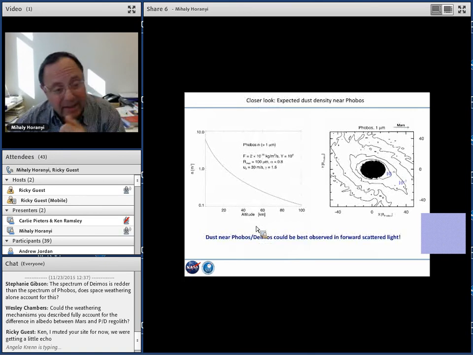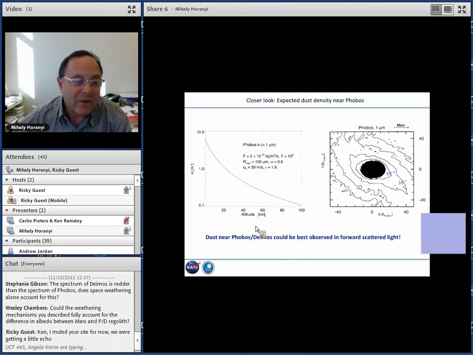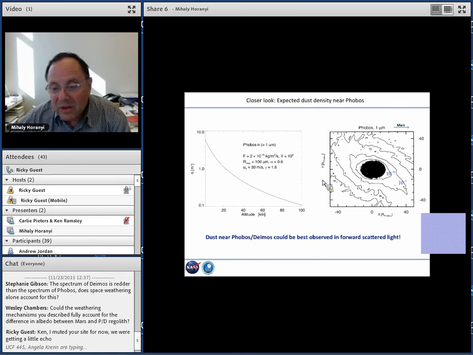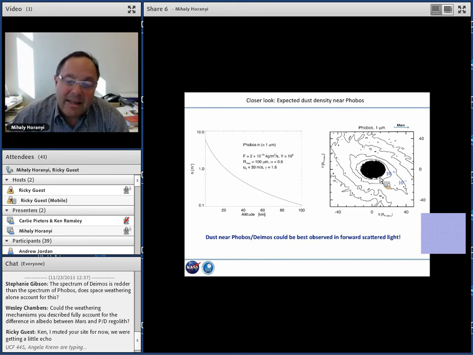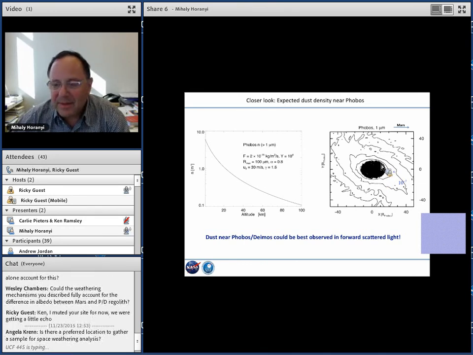This is the prediction for the Phobos density as a function of height, altitude versus density in units of particle number per cubic meter. If you were able to look back towards the sun and see small particles in forward scattered light, that might also be useful, because at least close to Phobos, the optical depths would be 10 to the minus 6, 10 to the minus 7.